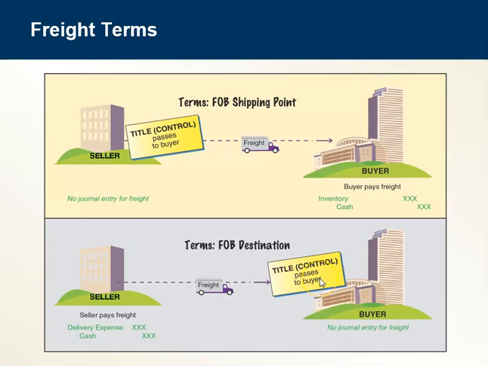Okay, so again, the biggest thing that we get into with FOB shipping point and FOB destination, other than sometimes having to make an adjustment to inventory on the part of the buyer if the buyer is paying those shipping costs, is we will get into scenarios sometimes where you might see a question where the seller made this sale on December the 28th, and they shipped the goods December the 29th, and the goods arrived January the 3rd.